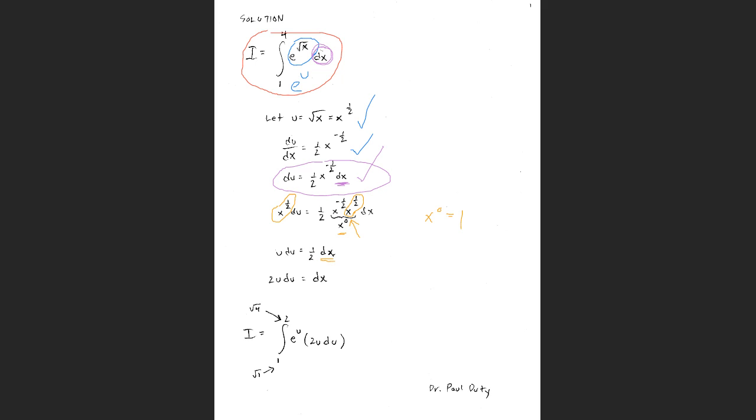Is it helpful when I mark things with the marker on the page? Okay, good. I was wondering about that. Wonderful. This is one of the advantages of doing it this way. So dx is then 2u du.